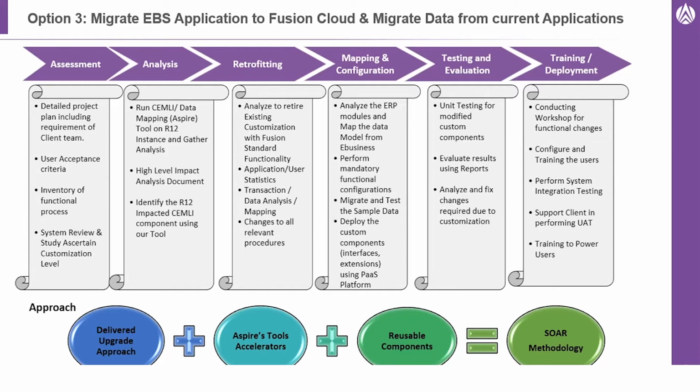Those specific customizations are migrated to the Oracle PaaS platform and integrated to the Fusion ERP application as well. So we have the experience, and we also have tools, accelerators and reusable components which help us adopt our specific approach of migrating your on-premise applications to the cloud.